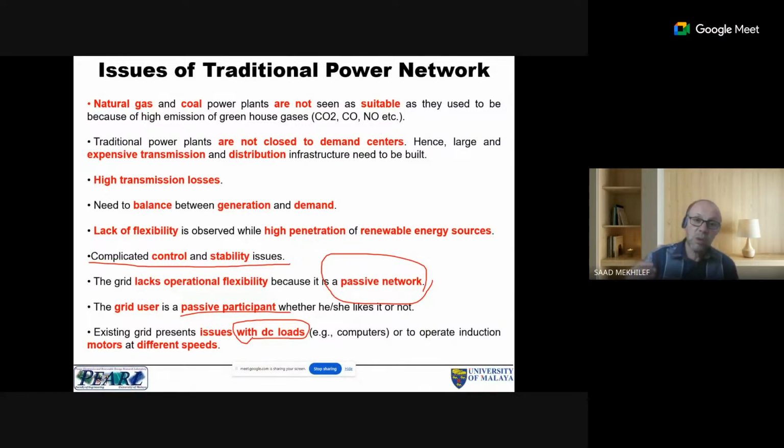So what will happen is that we have to rectify, and when you rectify, harmonics will be injected back to the grid. That's actually one of the main issues, so it's not very friendly with DC loads. These are some of the issues that exist in the traditional power networks.